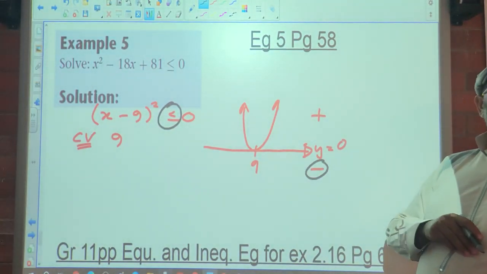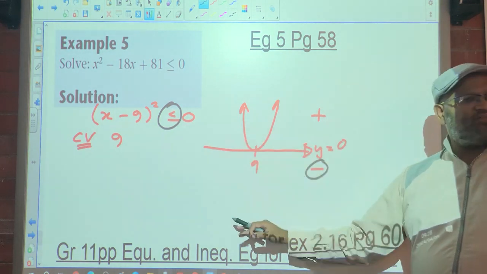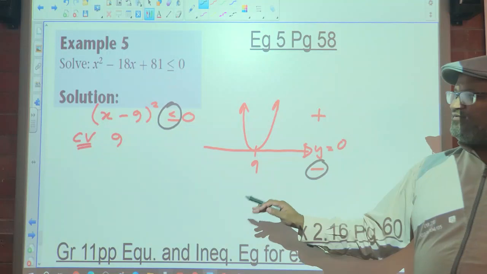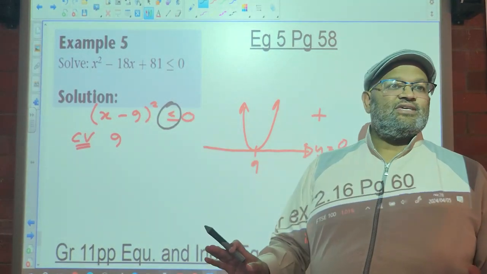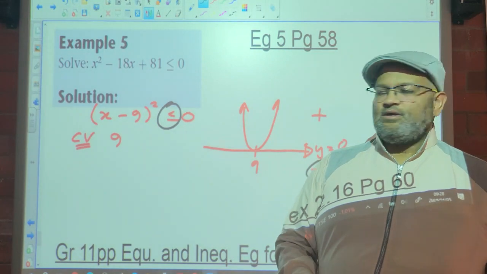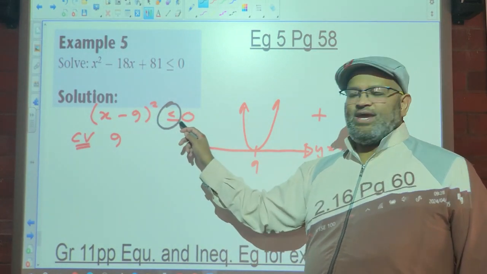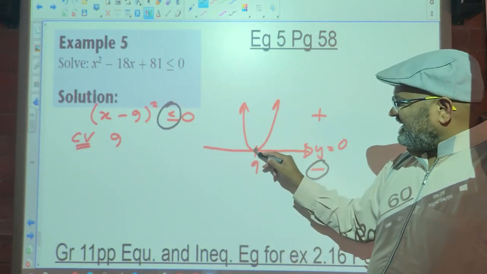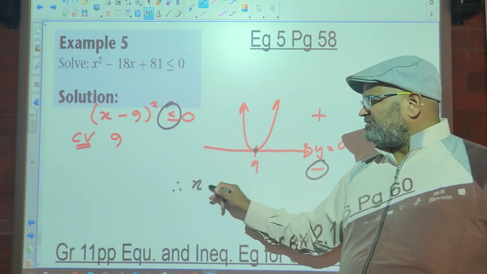Hang on. There's no part of this graph at the negative. So if this was just the function is less than 0, then there's no solution. But is there a part where the function is equal to 0? Yes. Where? At 9. So the solution is, therefore, x is equal to 9.